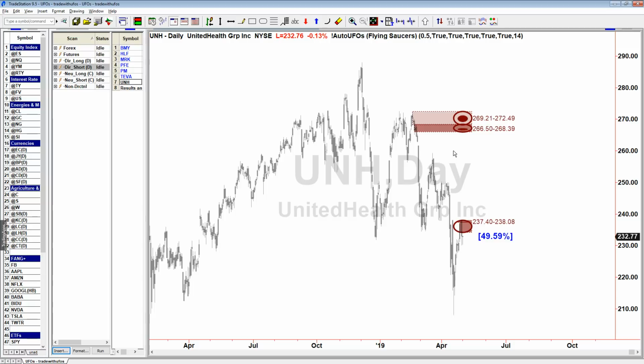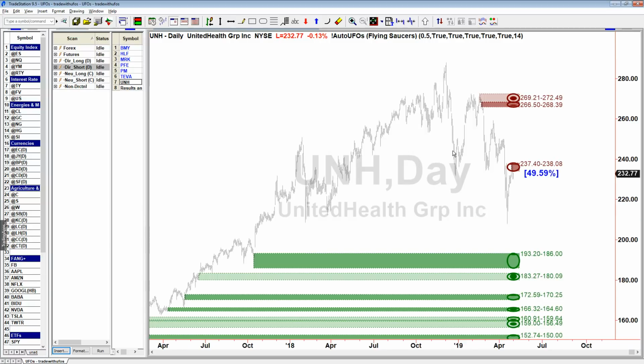Okay, so let's plan on a trade with UNH, and this would be a trade for us to execute as a bear put spread. This would be done by buying.